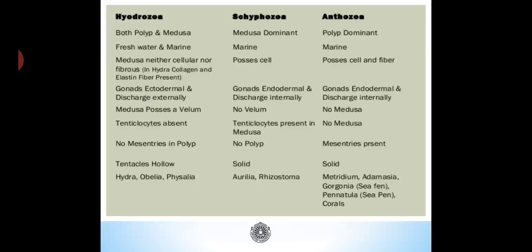In Hydrozoa, gonads are ectodermal and discharge externally. In Scyphozoa, gonads are endodermal and discharge internally, and in Anthozoa, gonads are endodermal and discharge internally. Next character, under Hydrozoa, tentaculocysts are absent.